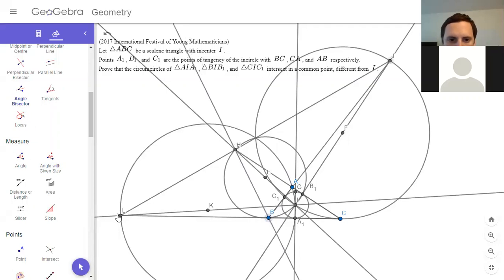Because angle IBH is 90 degrees, we know that the angle is bisected. So we're going to find H like that. Basically it follows from the angle bisector theorem, because H is where the angle bisector of B meets JL.